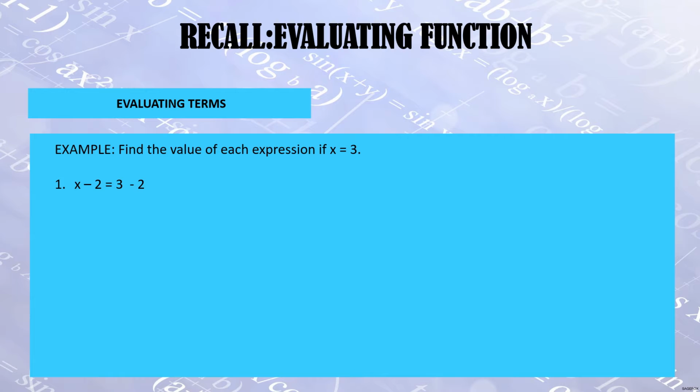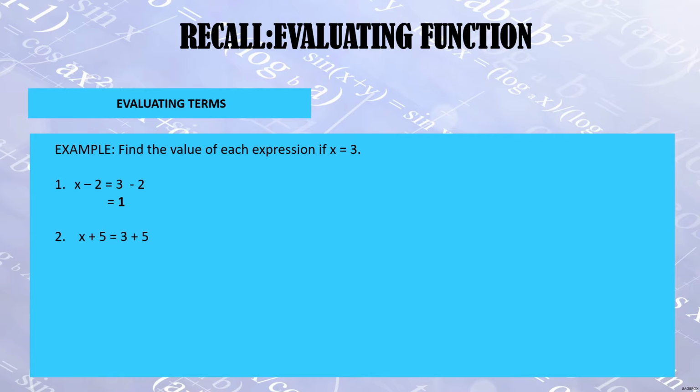Ang ating given na equation is x minus 2. At ang given natin na value ni x is 3. Now, isa-substitute, meaning to say, papalitan natin yung value ni x. Gagawin nating 3, kasi yun yung given natin. So, si x, kung mapapansin nyo, naging 3 na, and then minus 2. Therefore, we have 1.